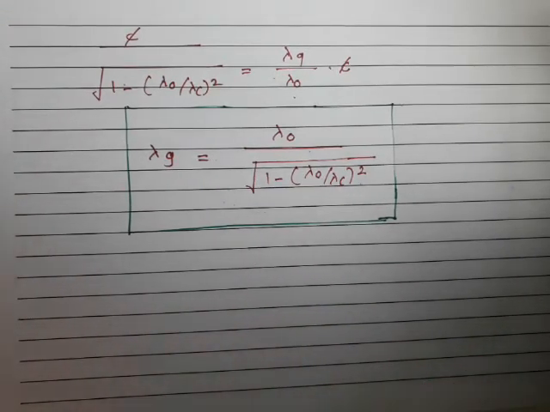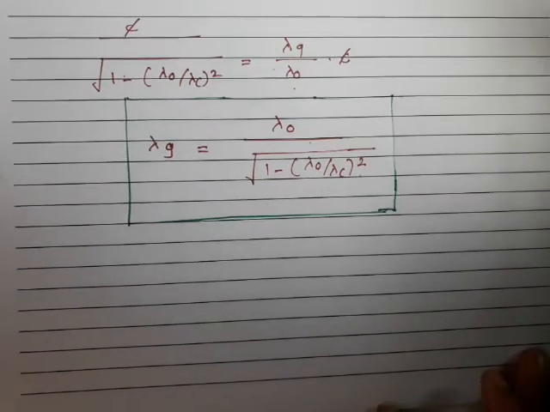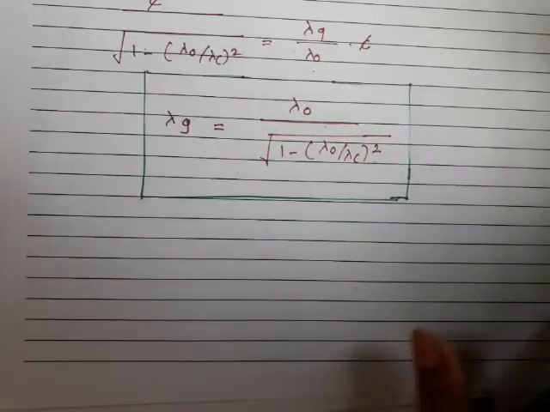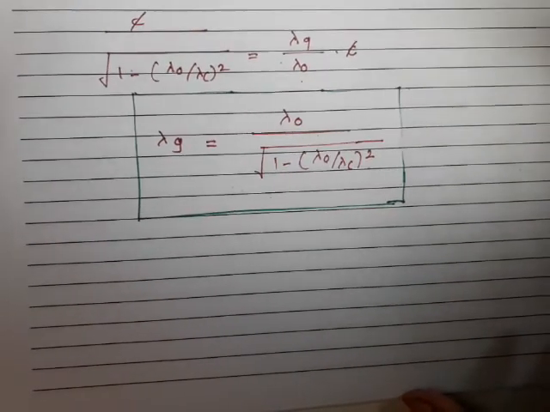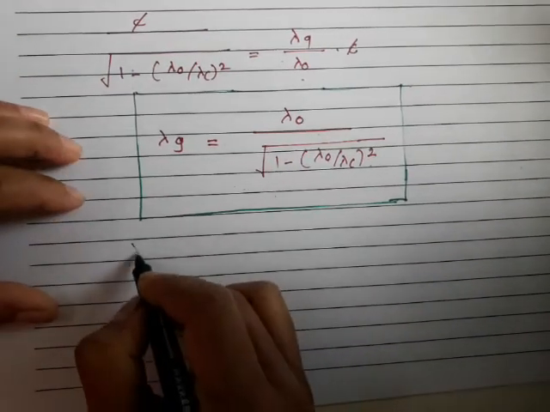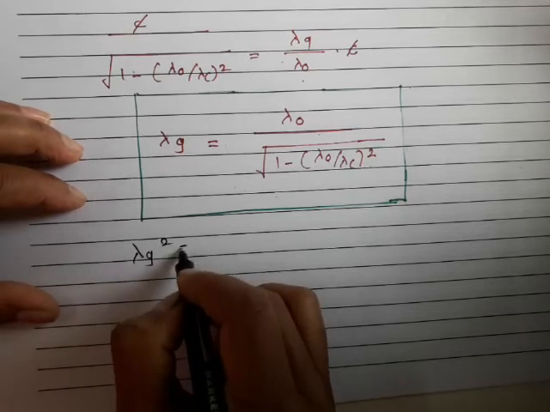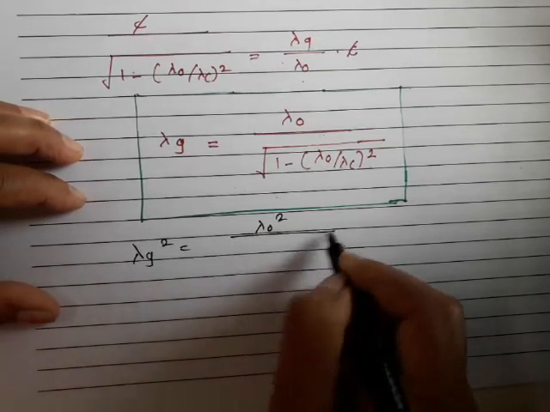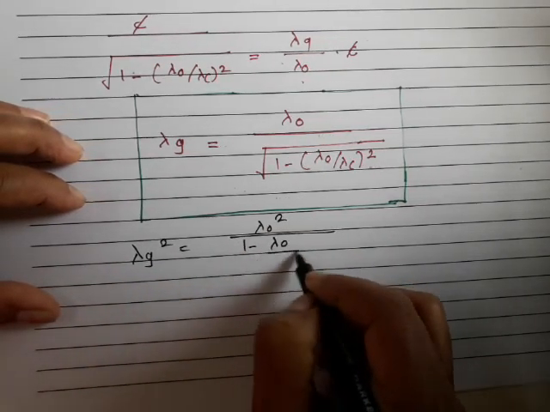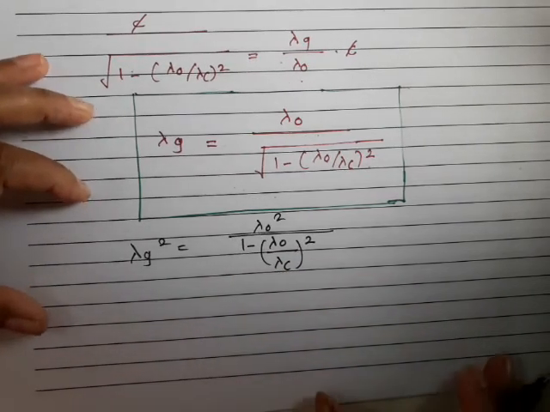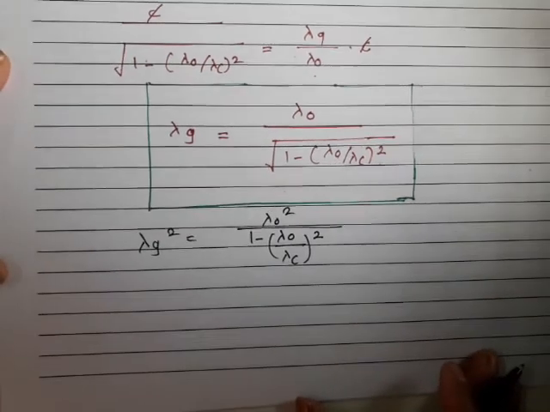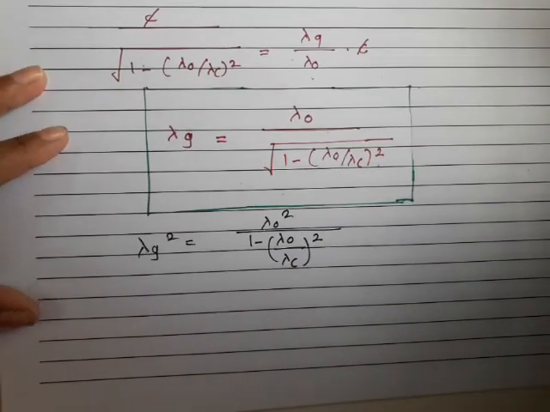Now further solving this equation, if you square both sides, you will get a further relationship like this: lambda g square is equal to lambda 0 square divided by 1 minus lambda 0 by lambda c whole square. Further solving, I'll get a very interesting relationship between lambda 0, lambda c and lambda g.